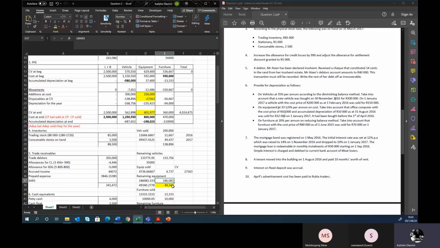I get depreciation on the old and remaining assets. Now, my depreciation for the year is just these two figures added together. So if I go over there, you will see I added these two figures together to get my depreciation for the year. Now my depreciation for the year is complete.